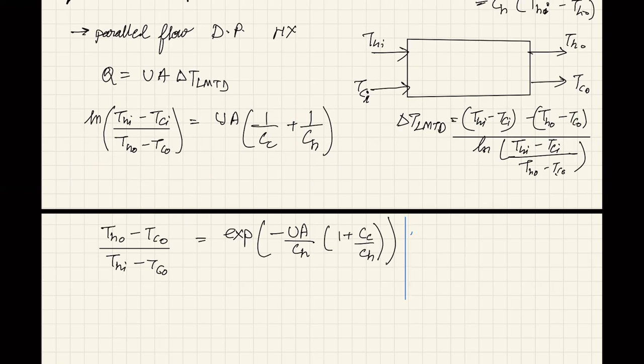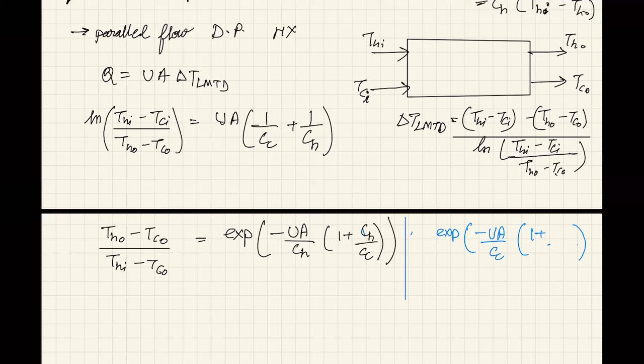I could also write this as exponential of minus UA over CC times 1 plus CH by CC. Sorry, I messed up. Yeah, this has to be CH by CC.